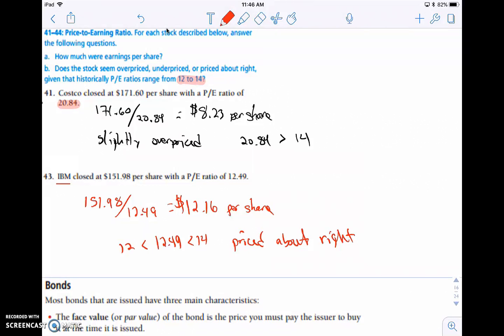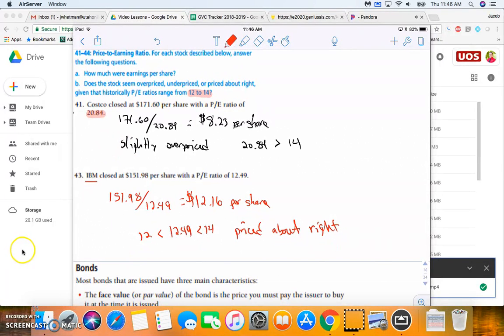Okay, so that's how we'll use price to earnings ratios and what they were historically to see where we're at on those, the 12.16 per share for IBM, the 8.23 per share earnings for Costco, compared to a historical standpoint.